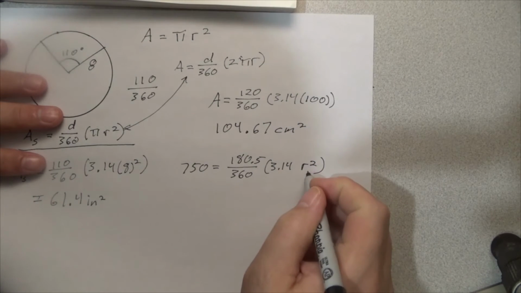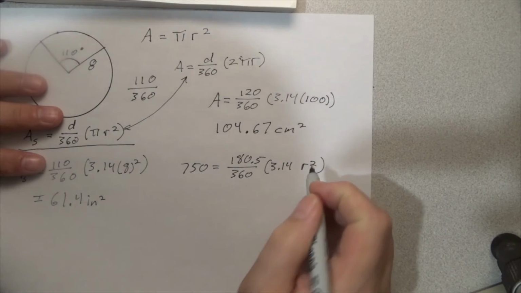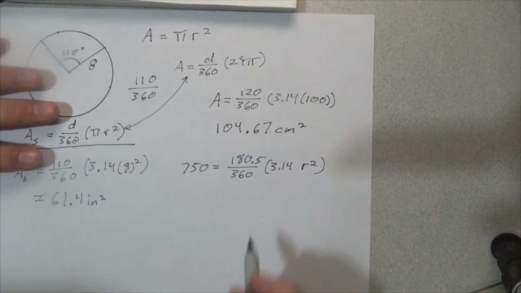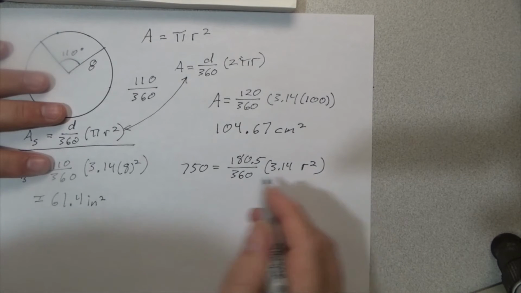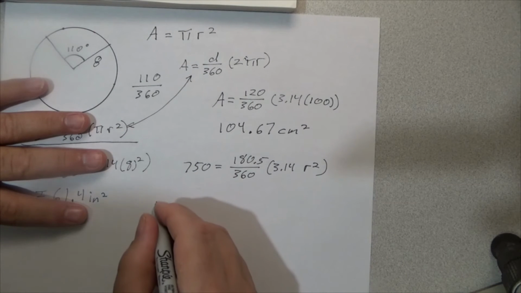And what we're looking for here is the radius squared. Well, all right. We can simplify this, but I'm just going to do it the long way, sort of.